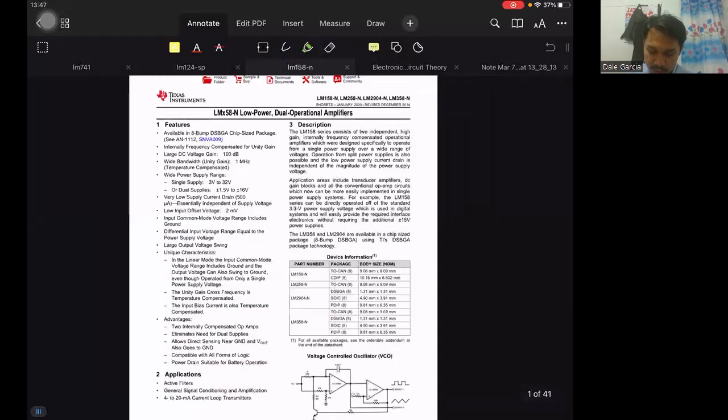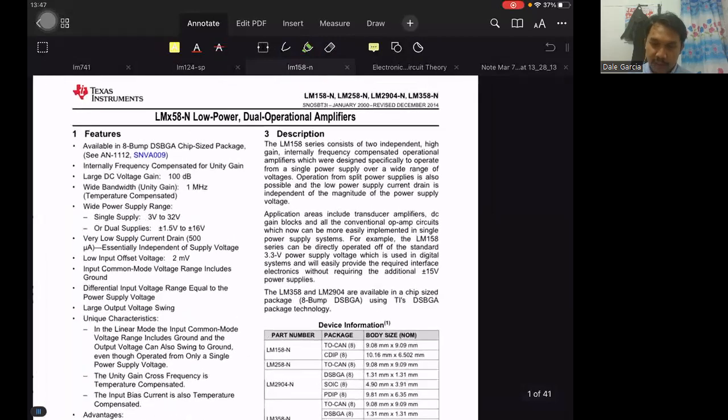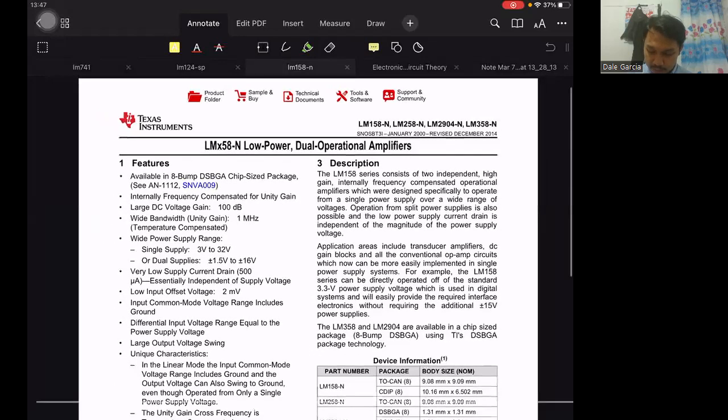This one is a more specific kind of op-amp, with a specialization. This is the X58 op-amp, either the 158, 258, or 358 op-amp. Either one has its own specification sheet.